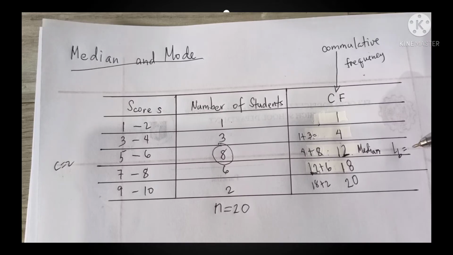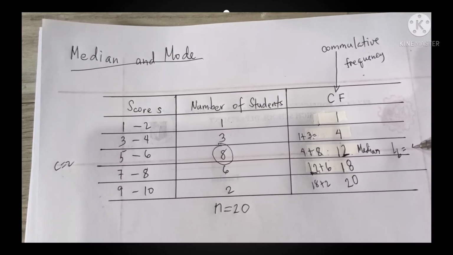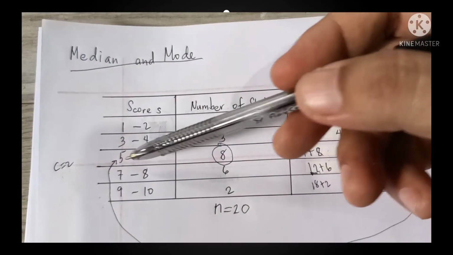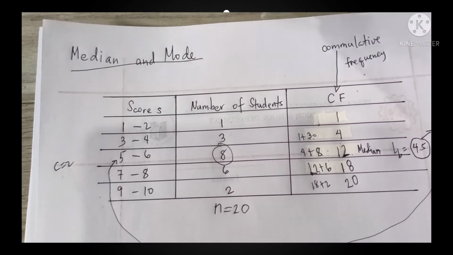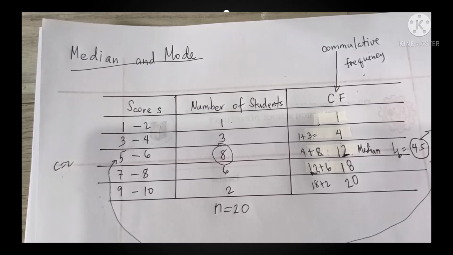It is 5 minus 0.5, which is 4.5. The 5 here is the lower limit. Don't forget that. So the lower boundary is 4.5.